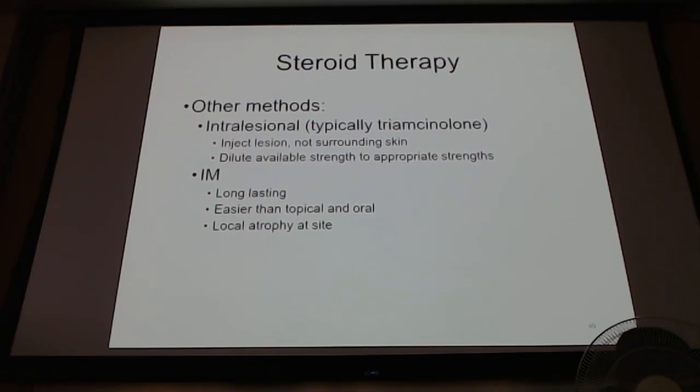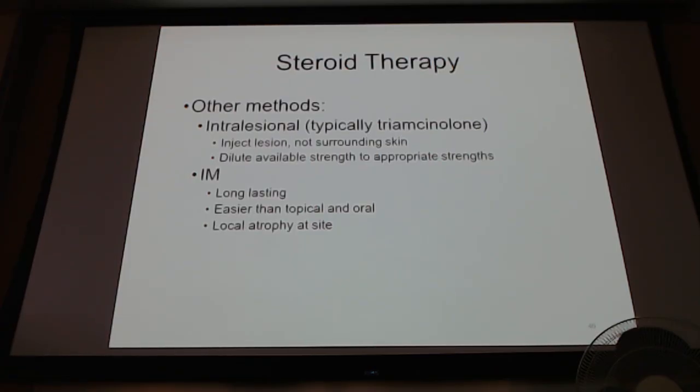Other methods, right? So we know that we've got some of an intralesional, right? So we're injecting some of the steroids into that. We can do that, right? If the topical stuff isn't working, then we can do intralesional. We can do IM. We can do those other things that are out there, okay? But again, those have adverse side effects as well.